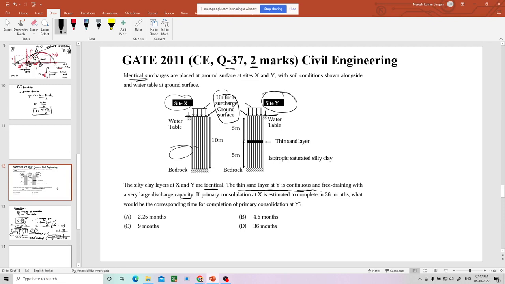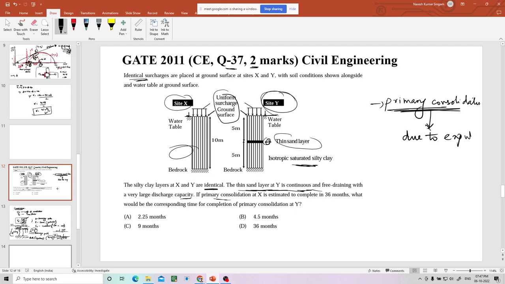At site Y, there is one thin sand layer existing in the middle of the saturated silty clay. That's it compared to X. Now, primary consolidation means the consolidation which happens due to expulsion of water.